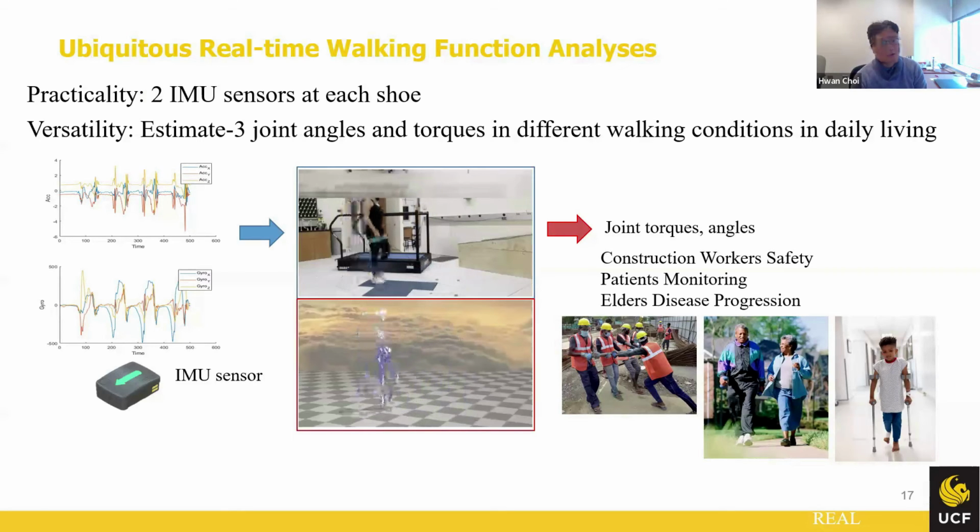The benefit of this algorithm is that we can monitor how they walk, and the joint torque in their daily living. Eventually this can be utilized for construction workers, elders, or people with disabilities.